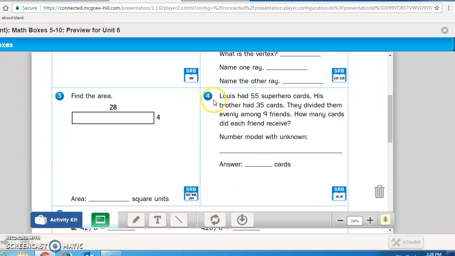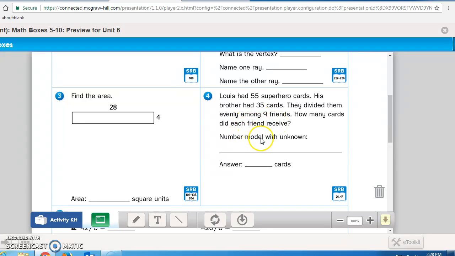Math Box 4 says Lewis had 55 superhero cards. His brother had 35 cards. They divided them evenly among 9 friends. How many cards did each friend receive?